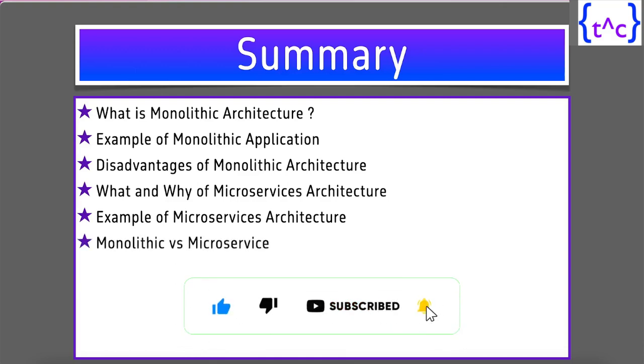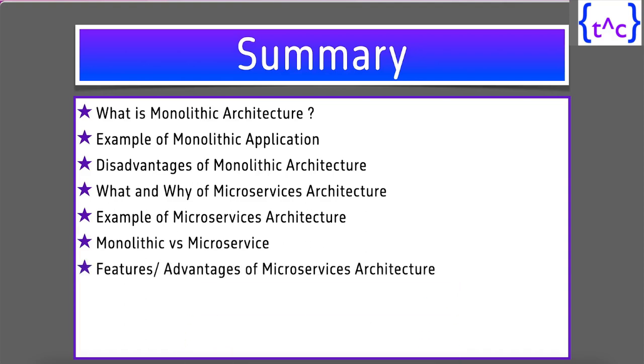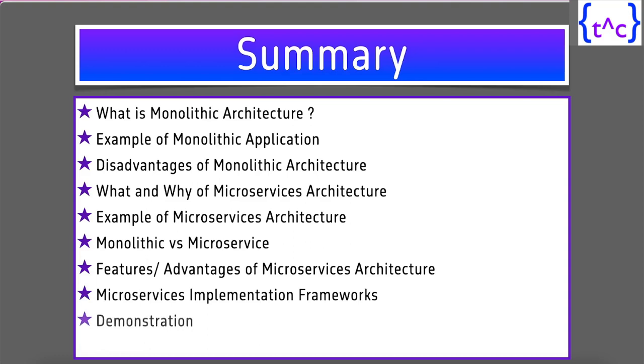All right. Then we have seen monolithic versus microservices. We also covered features and advantages which we get using microservices architecture. Many key features or advantages I talked about for having microservices architecture. That was followed by microservices implementation frameworks, rather key frameworks. That was followed by Java Spring Boot microservices demonstration.